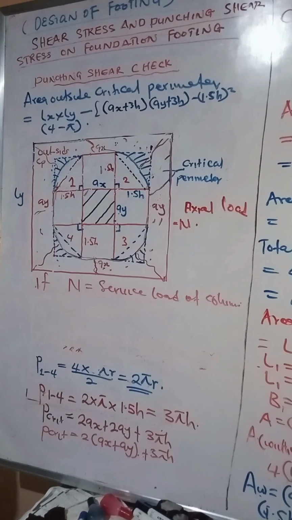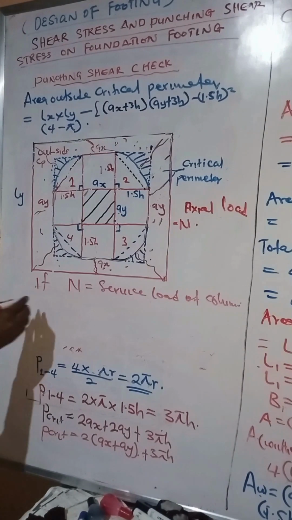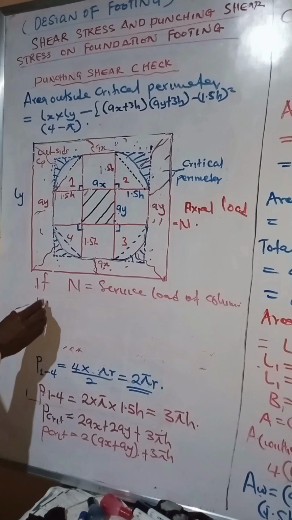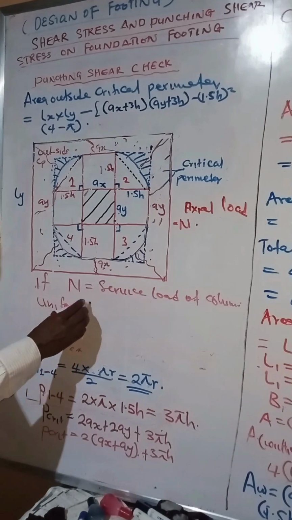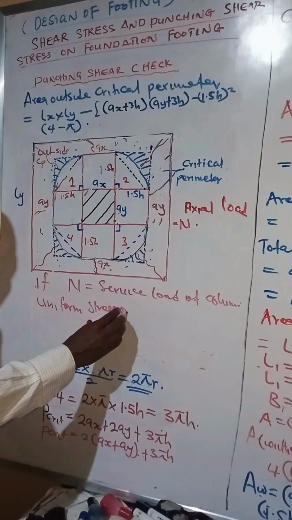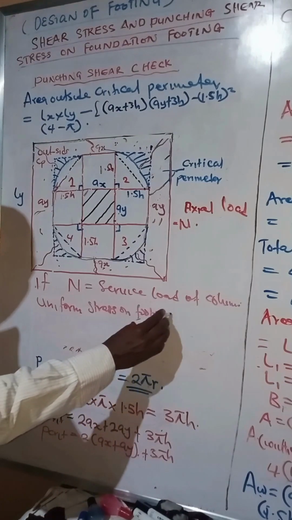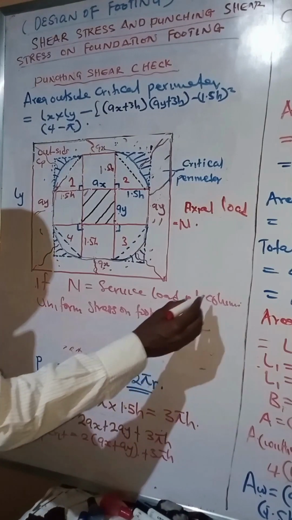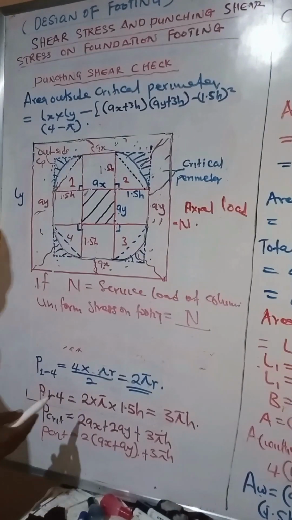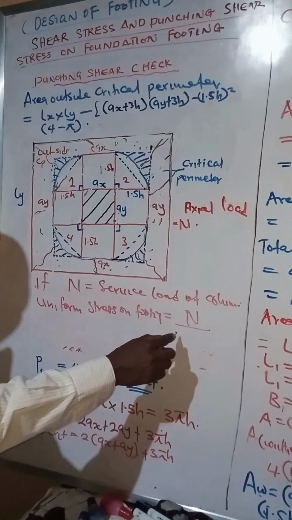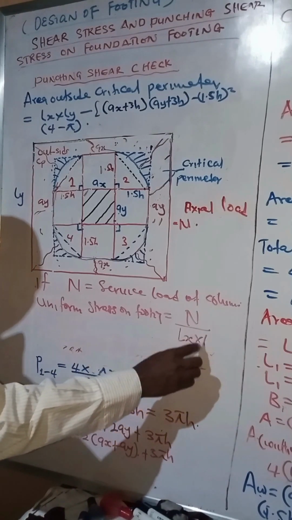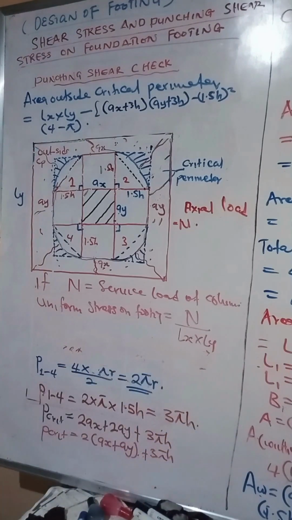it means that the stress that will be acting on this footing becomes uniform stress. Let's call it uniform stress on footing, which becomes the load over the area that the axial load is acting on, which is the area of the footing. So that area will have it as Lx times Ly. All right. So that is the stress on the entire footing. Now, when the stress is acting on the entire footing, it represents the maximum stress.